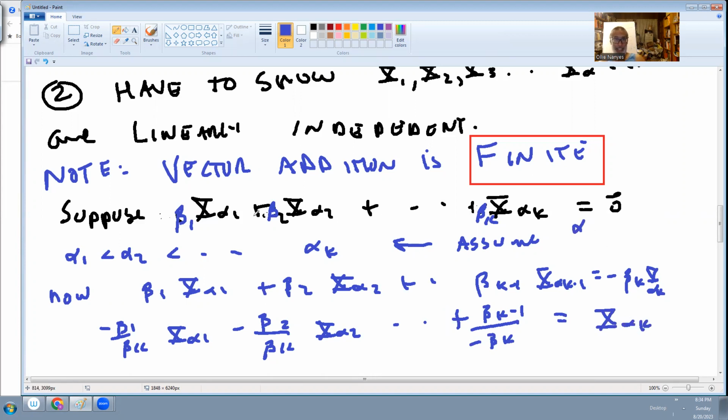This assumes that beta 1 is not equal to 0, beta 2 is not equal to 0, etc. So these are all non-zero.